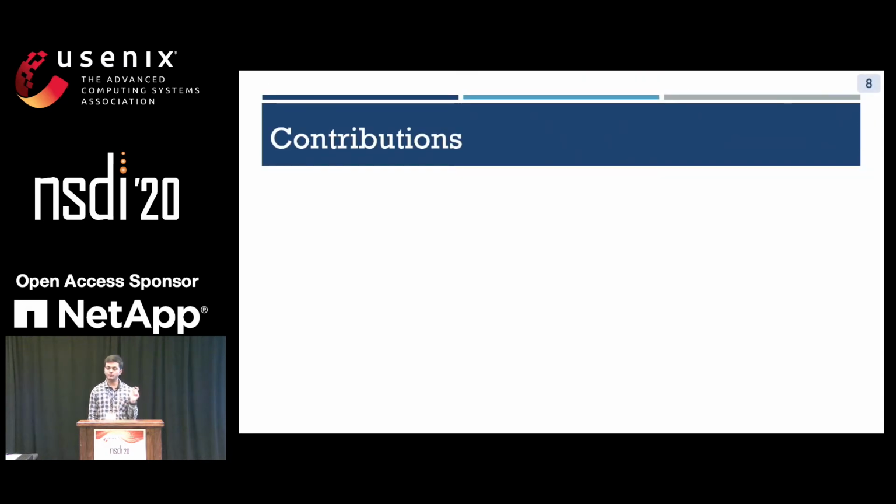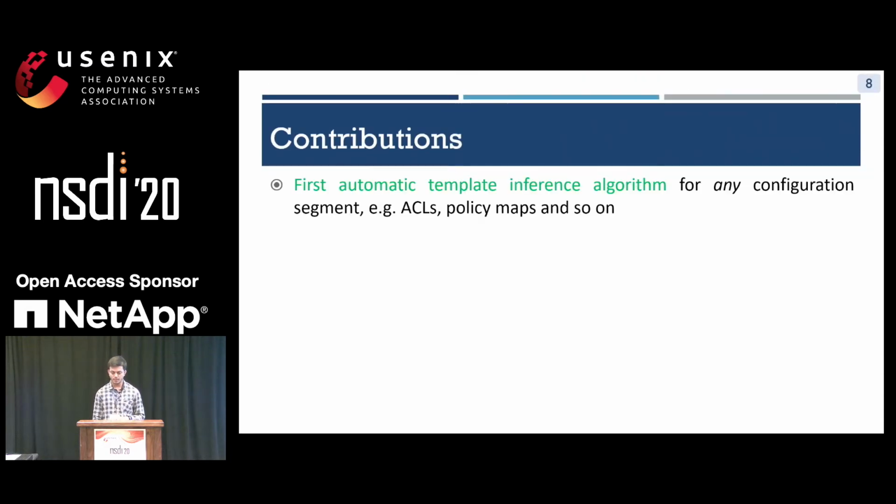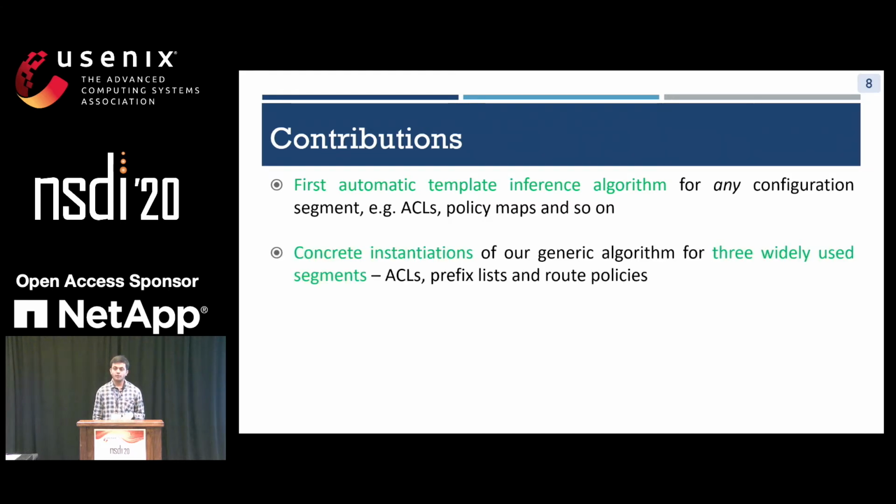In short, we make the following contributions. We are the first to propose an automatic template inference algorithm for any configuration segment. A segment is any logical unit of a configuration, such as a BGP session or an access control list or a route policy. We show the concrete instantiations of this generic algorithm for three widely used segments, namely the access control list, prefix list, and route policies.